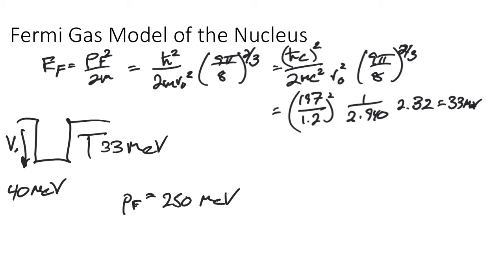And so now note, since V naught and the Fermi energy are roughly constant, it's actually the physical size of the well that changes.